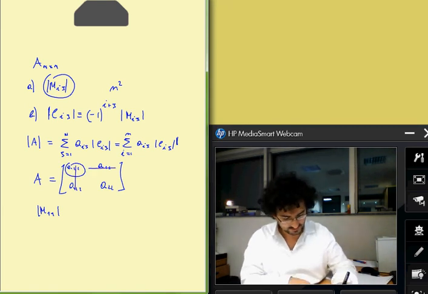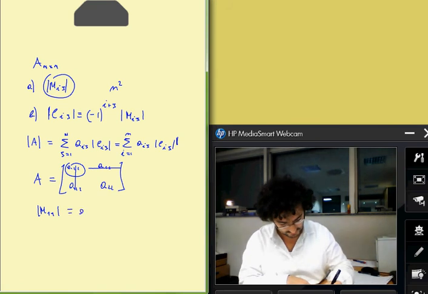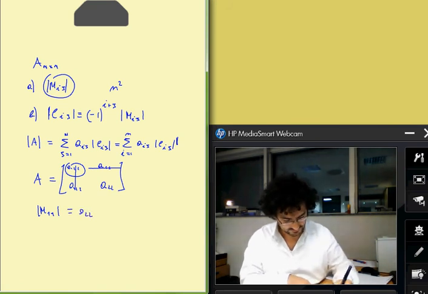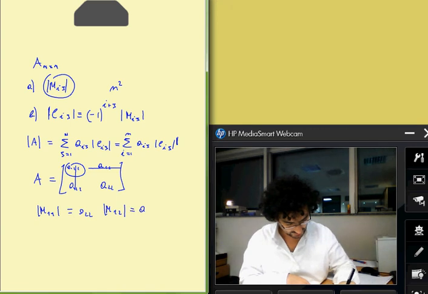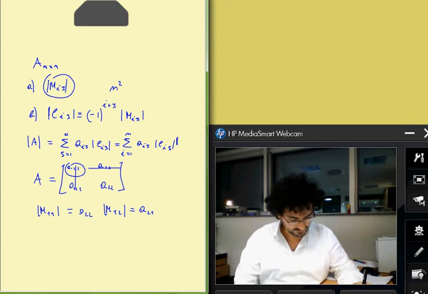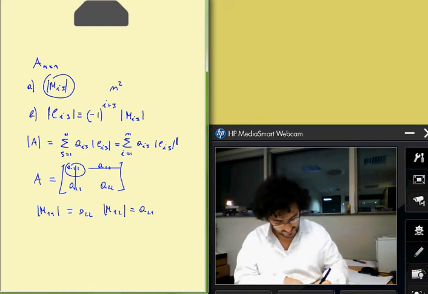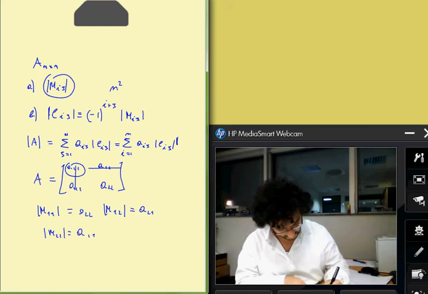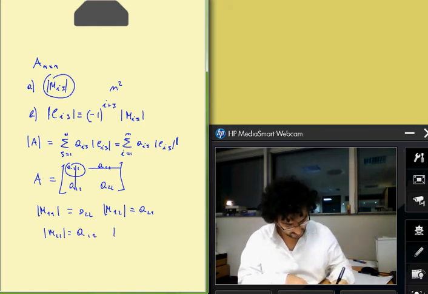So in this case we have A22. In the same way we get M12, which is equal to A21, because we delete the first row and the second column, and we get A21. Then we have M21, which is equal to A12, and M22, which is equal to A11.